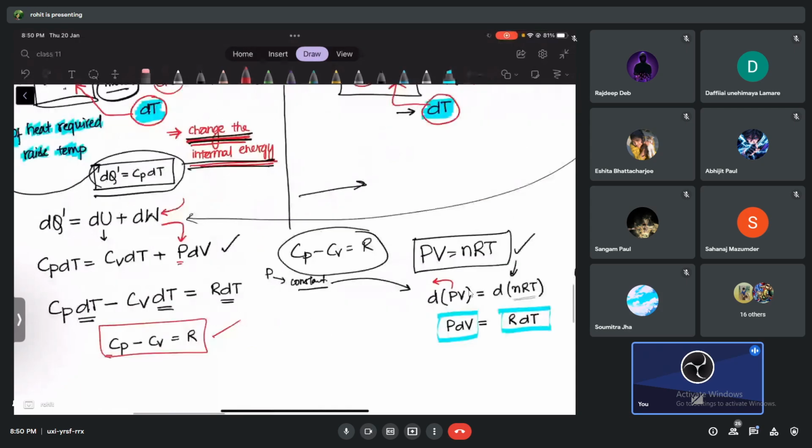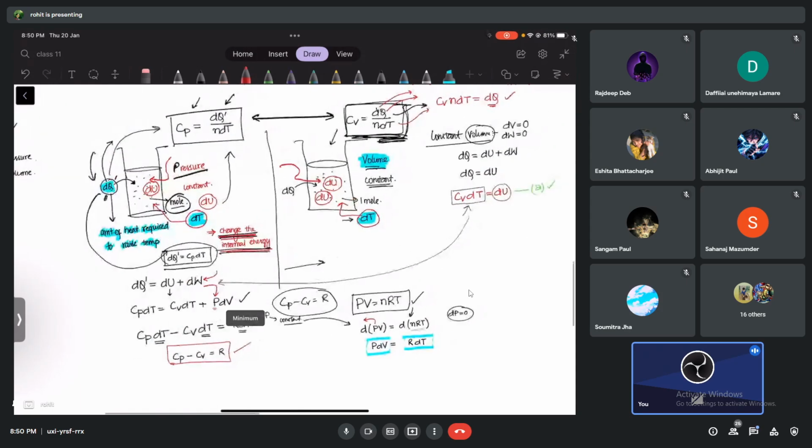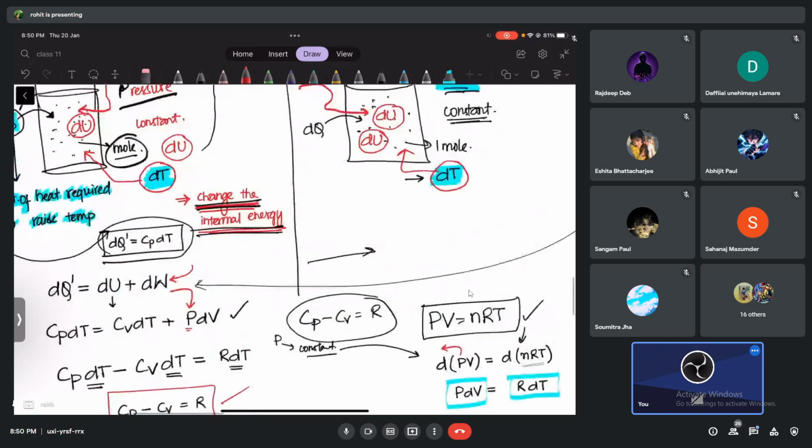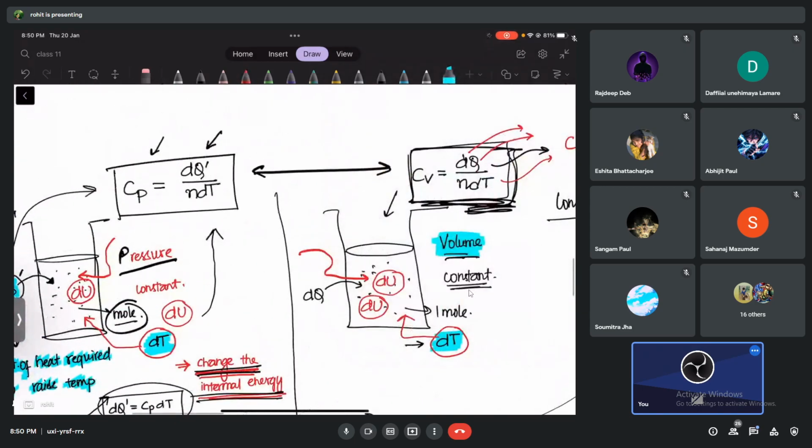So don't forget what we have done. We have calculated the amount of heat required, per mole per degree rise in temperature by keeping the volume constant, and that is what we call Cv.